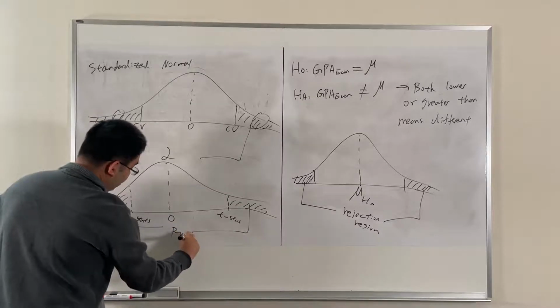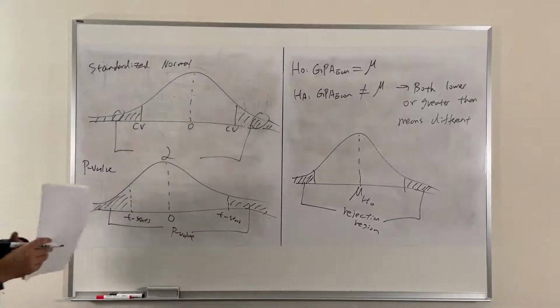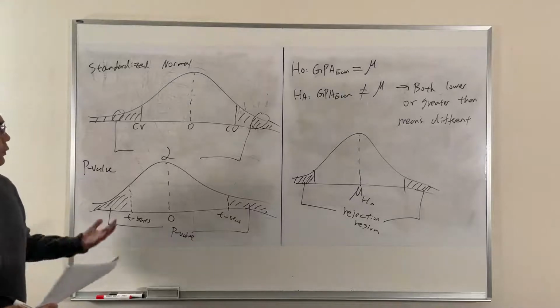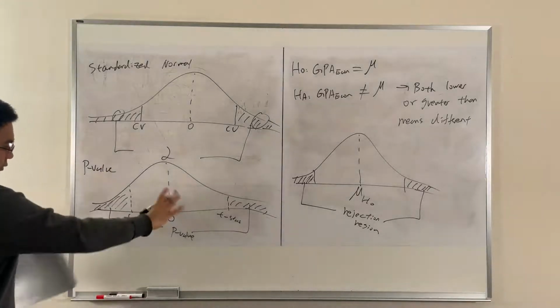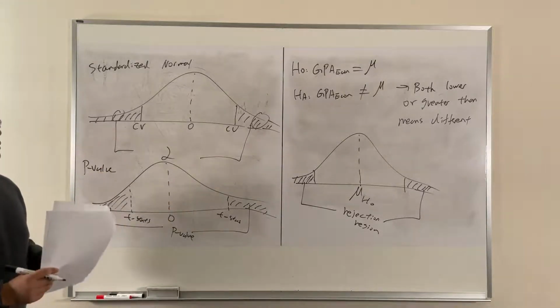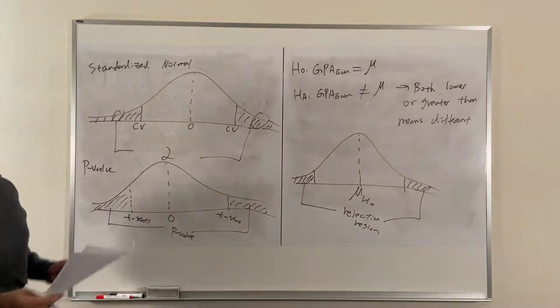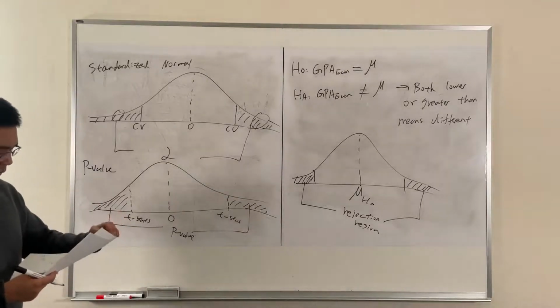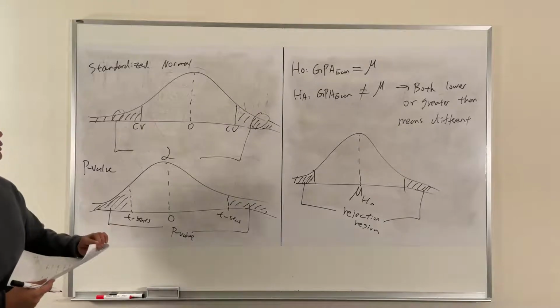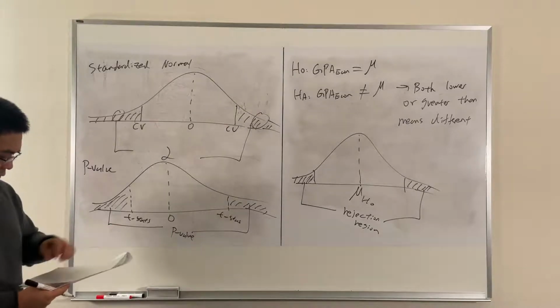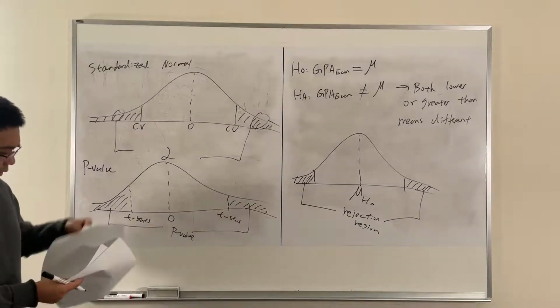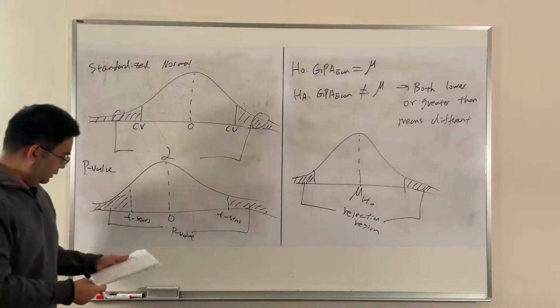Okay, and this is how you see a two-sided test, right? You reject from both sides, since lower than or greater than is different. Now let's do a one-sided test.